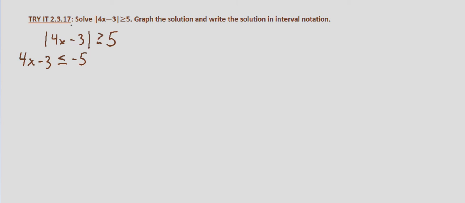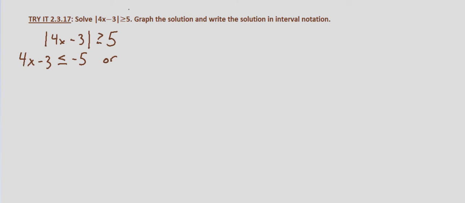If we multiplied it by negative 1, we would keep the direction the same, but essentially we're multiplying both sides by negative 1, which would change the direction of the symbol. That way we can just use what's inside the absolute value instead of an extra step.